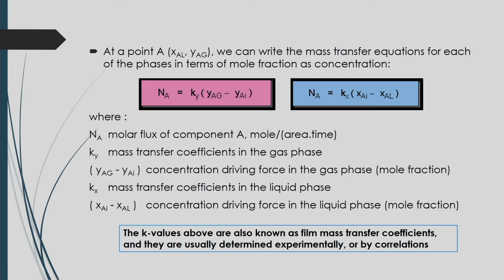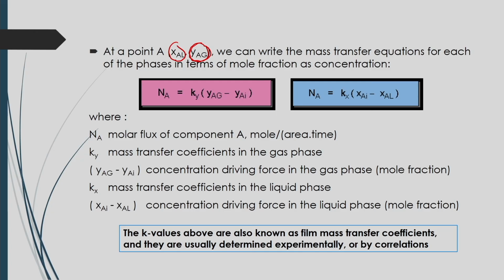Now at a point A, the concentration may be expressed in terms of mole fraction for the liquid as well as the gas. Generally for liquid it is expressed as X and for gas as Y. So XAL and YAG are the mole fractions in the liquid and gas phases respectively.